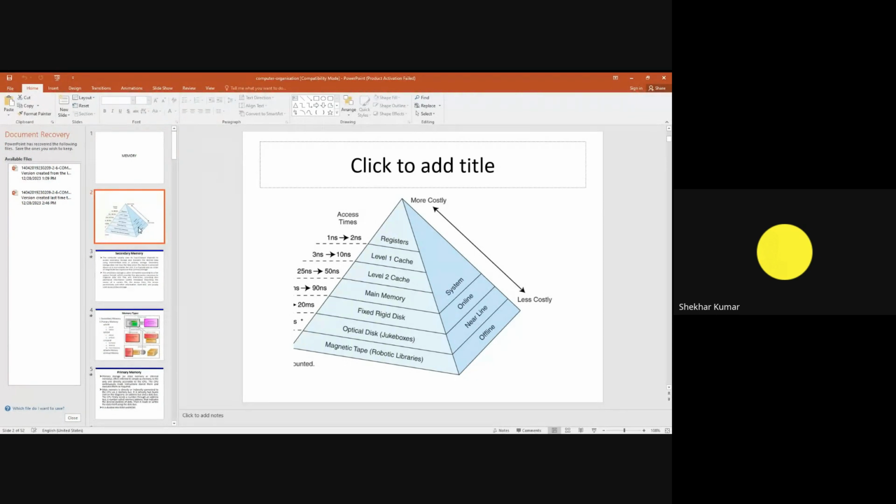And there are different methods to access the memory. These types of methods you will read in your further semesters. This includes direct memory access, also called DMA, and the random access method.